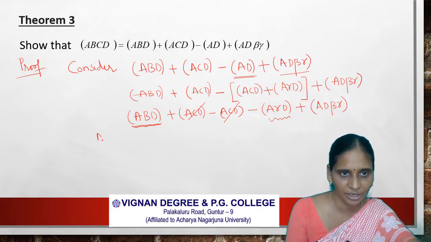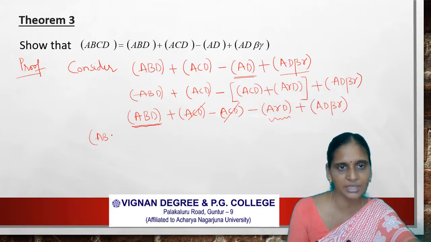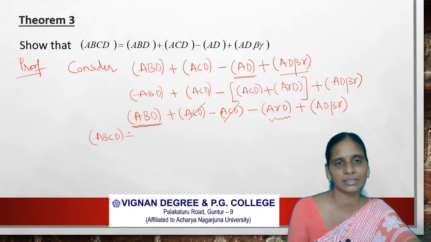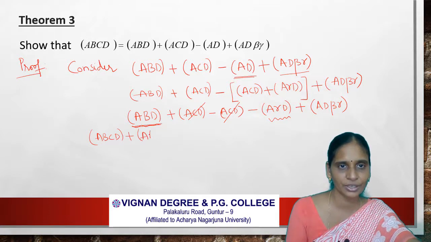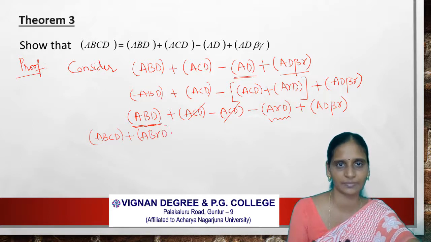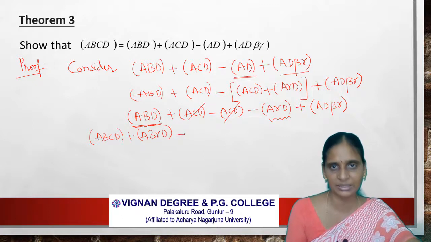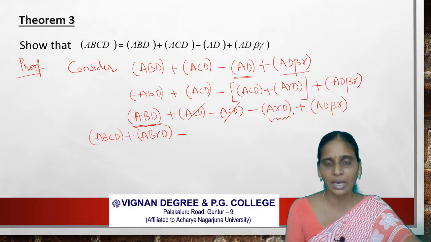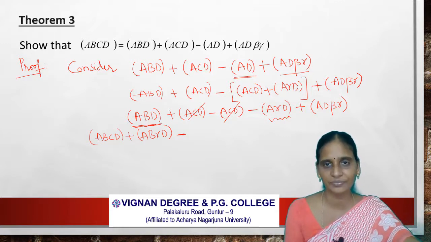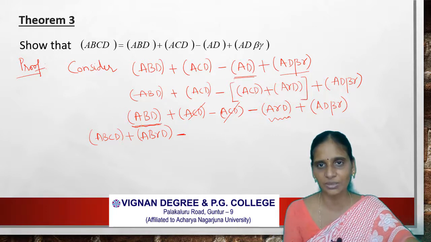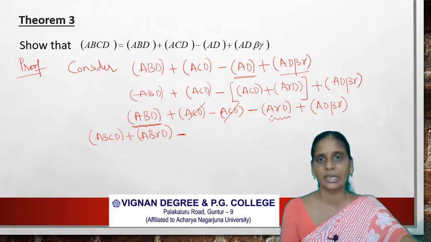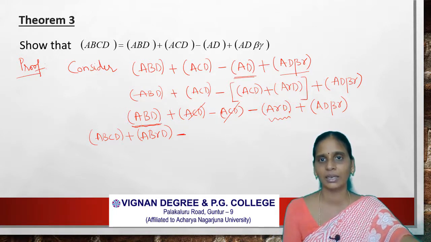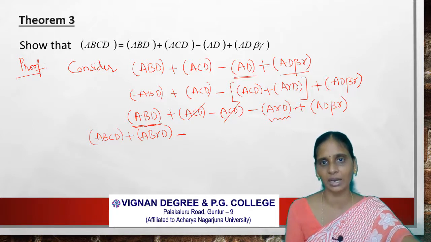That is frequency of ABCD plus frequency of AB gamma D, and then minus, here also minus A gamma D. A gamma D can be expressed in the fourth order class frequencies, how do we express? AB gamma D plus frequency of A beta gamma D.